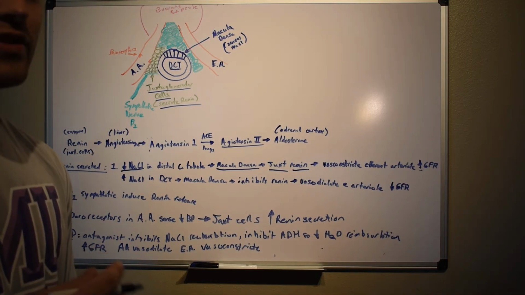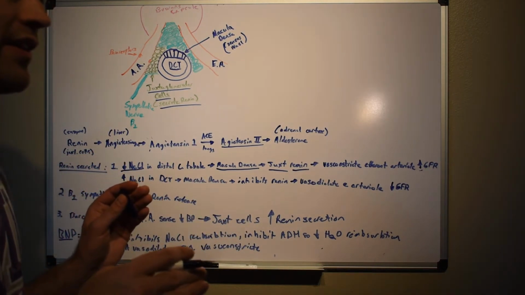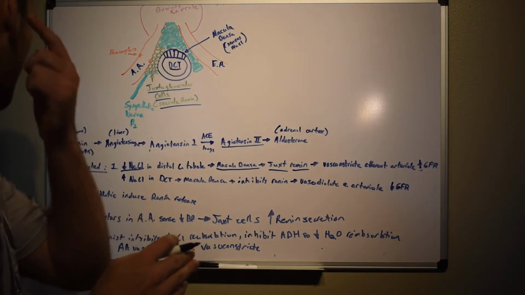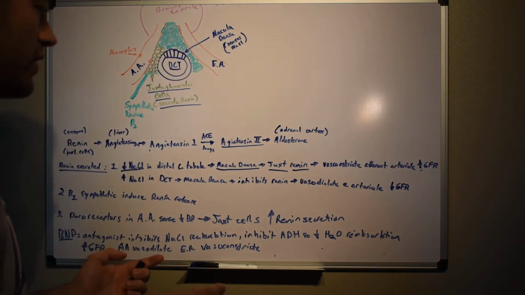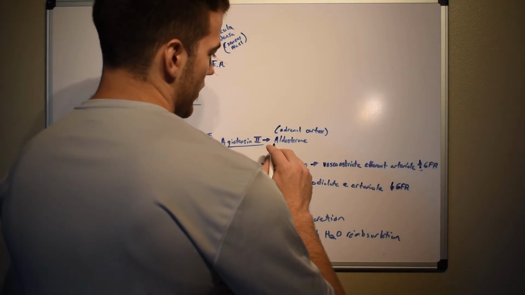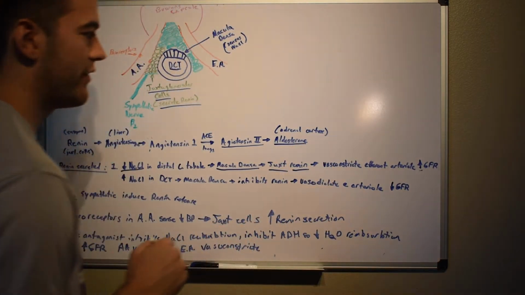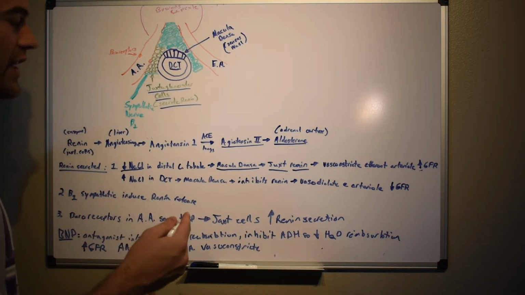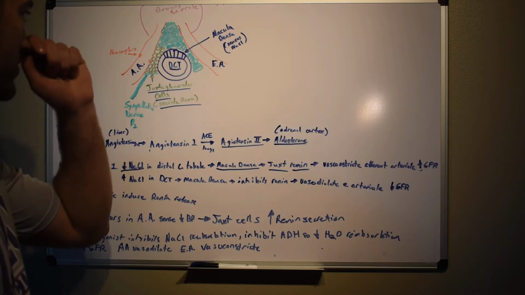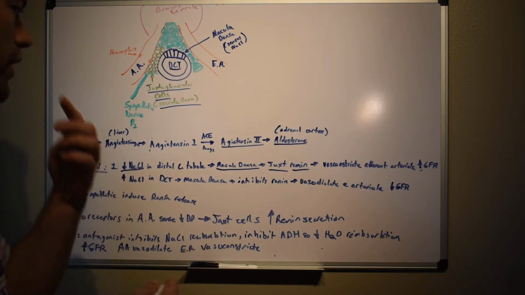This enzyme is going to make it into this fancy molecule called angiotensin 2. And angiotensin 2 is going to actually do the things that we want to compensate for this decrease in salt in the distal convoluted tubule. The first thing that it's going to do is it's a potent vasoconstrictor, okay?